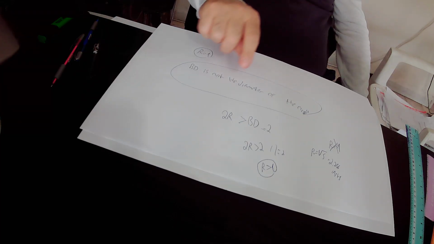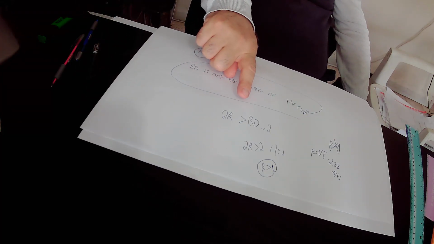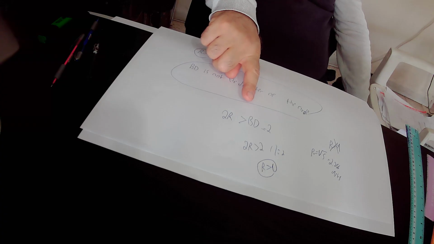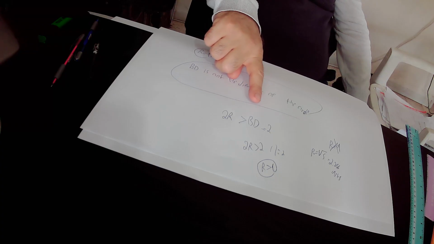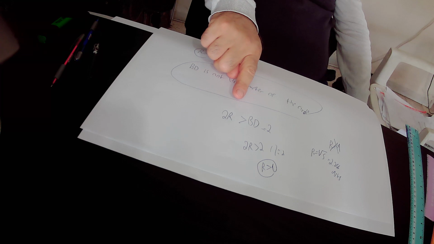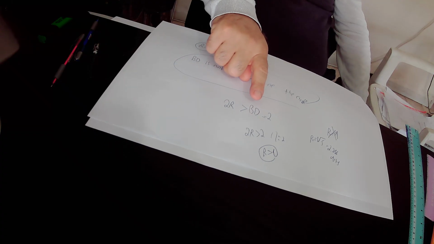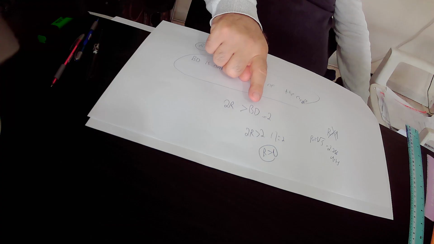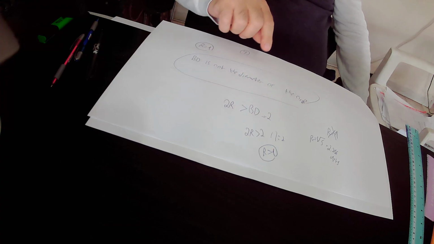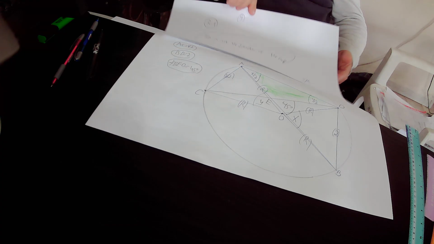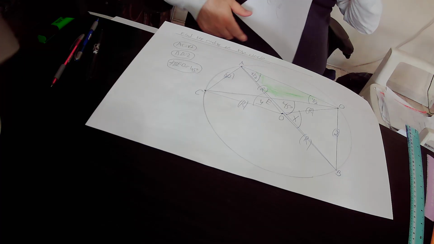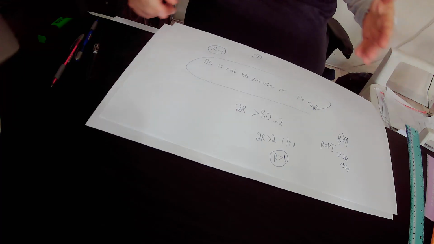The diameter of the circle, that is 2R, must be greater than chord DB, which is not the diameter, because the diameter is the longest chord in the circle. So 2R is greater than BD, that is 2. From this inequality, we derive that 2R is greater than 2. We divided this inequality by 2, and found that the radius R must be greater than 1. The radius R of the circle must be greater than 1, therefore the radius cannot be equal to 1.